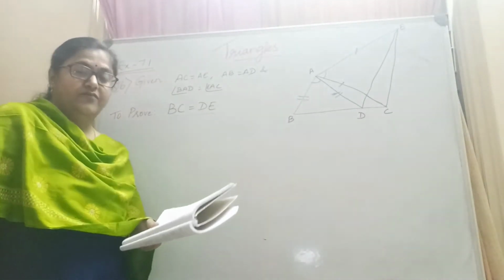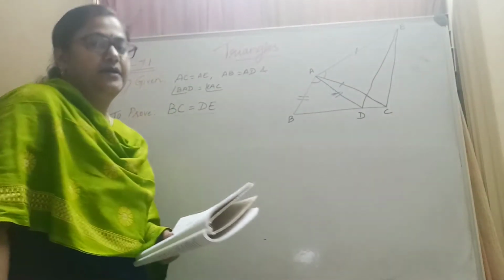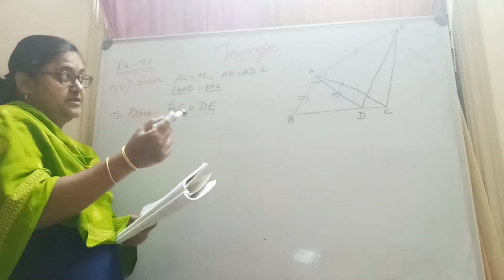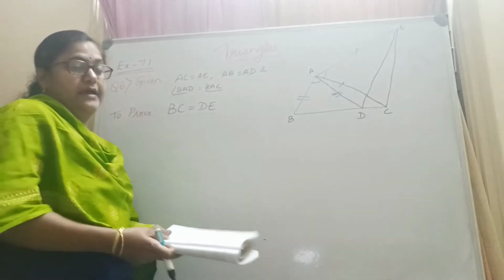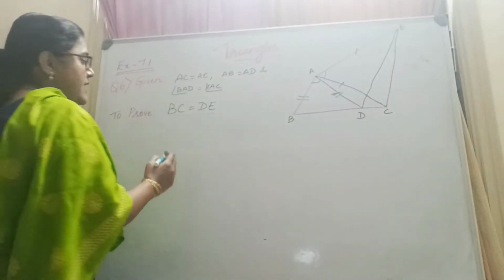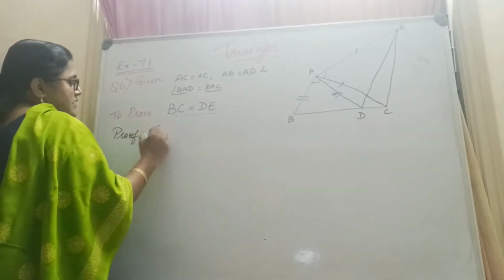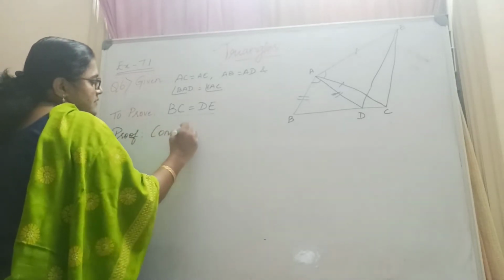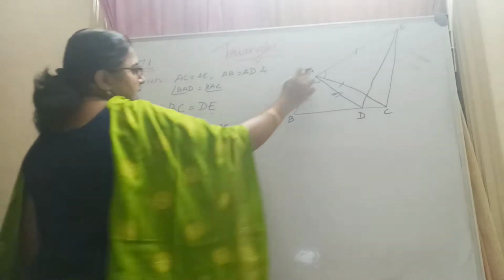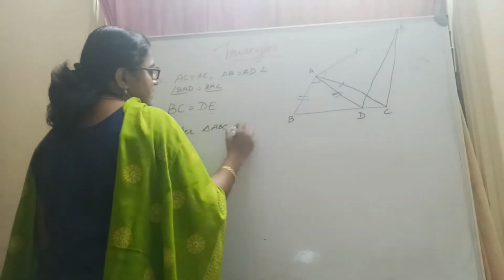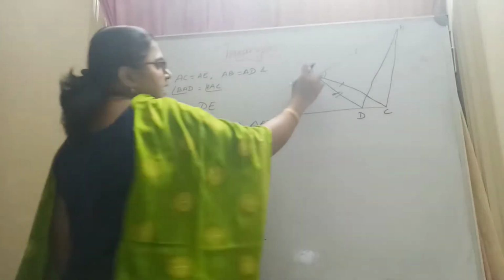Now for that we will take two triangles into consideration. Which two triangles should I take into consideration? Triangle ABC and triangle ADE. Consider triangle ABC and triangle ADE.